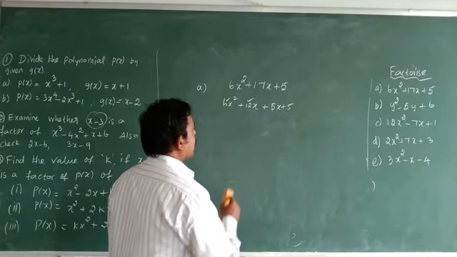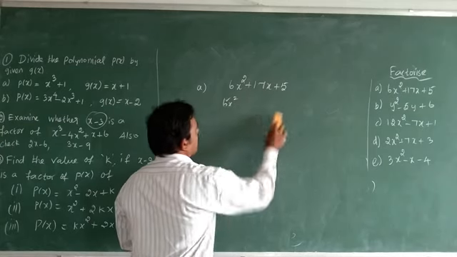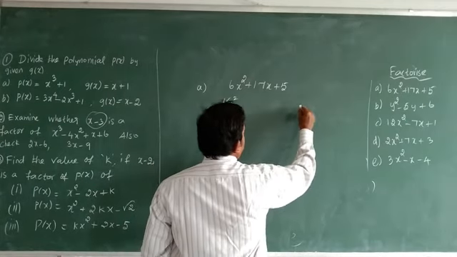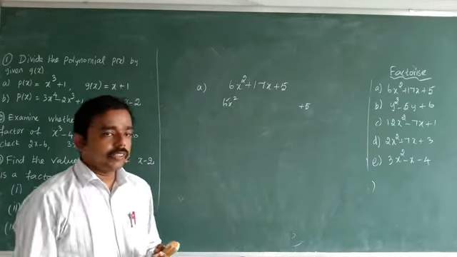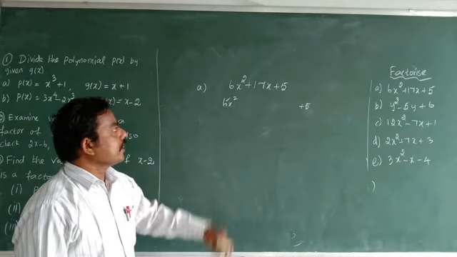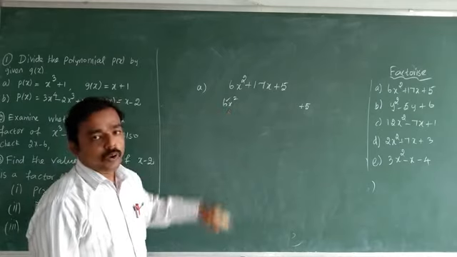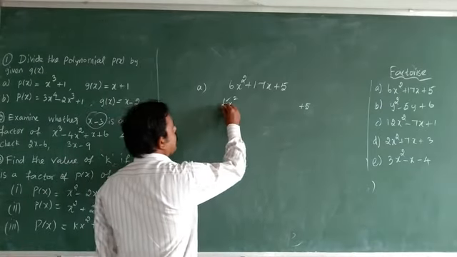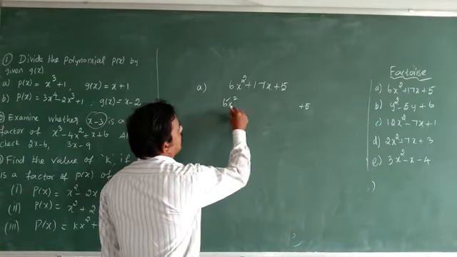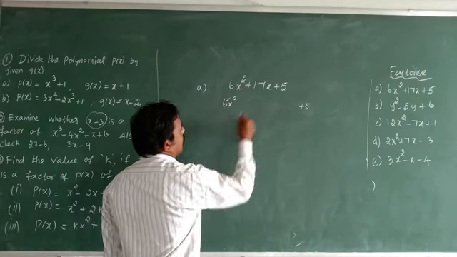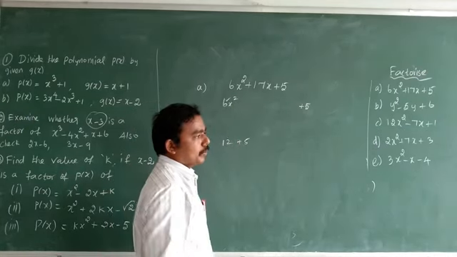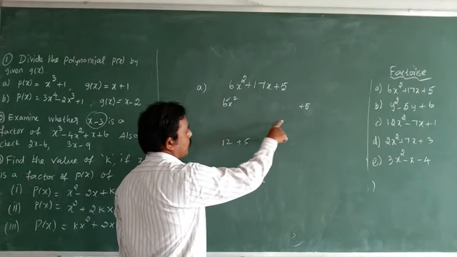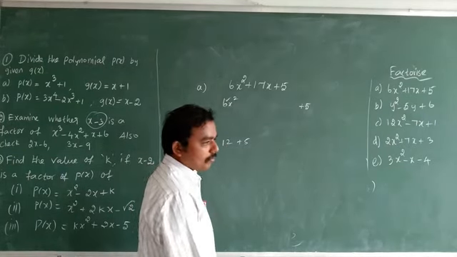What are the possibilities? We need to check. Plus 5, here what are the possibilities next? 12 plus 5 we wrote already. It's not possible because here x plus 2, here x plus 1.